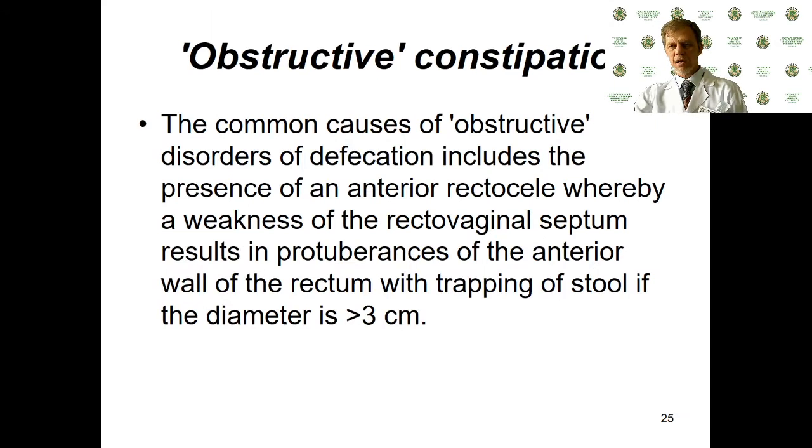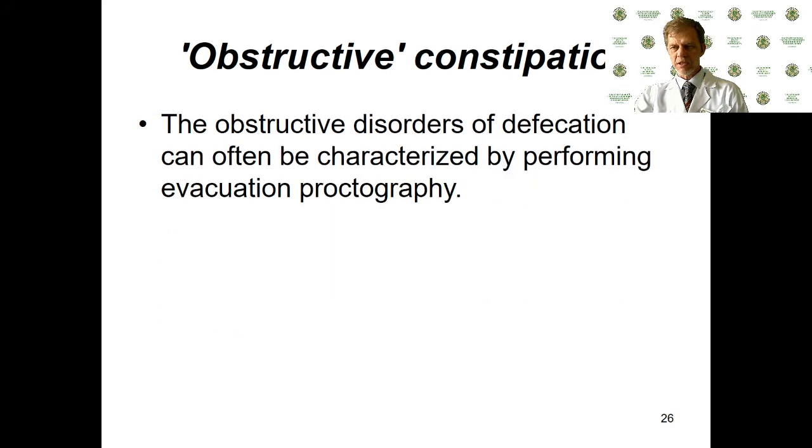Obstructive constipation. A common cause of obstructive disorders of defecation includes the presence of an anterior rectocele, whereby weakness of the rectovaginal septum results in protuberance of the anterior wall of the rectum with trapping of stool if the diameter is more than 3 centimeters. The obstructive disorders of defecation can often be characterized by performing evacuation proctography.